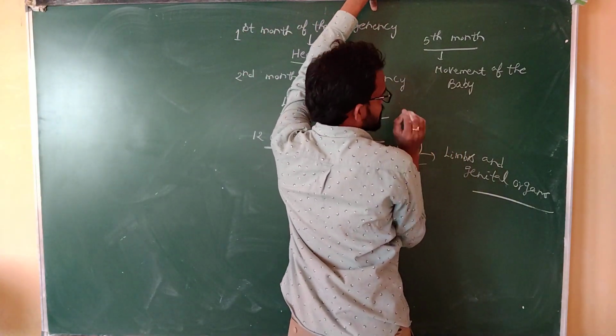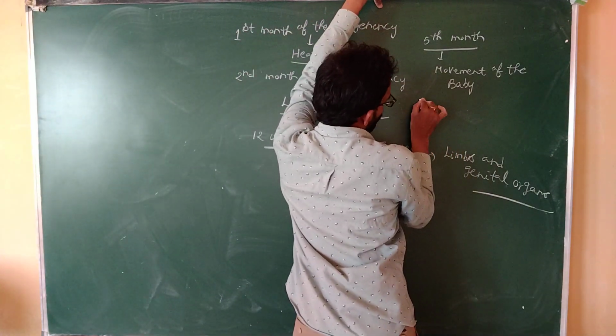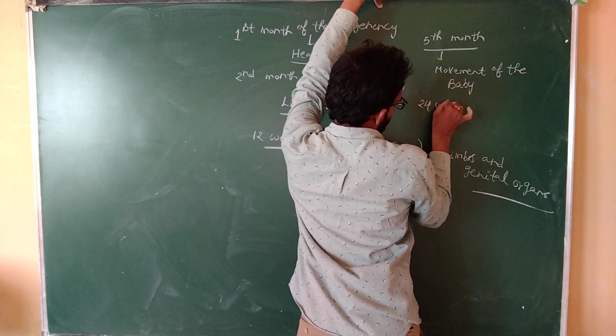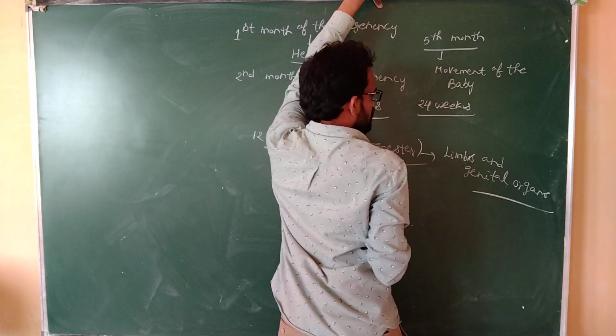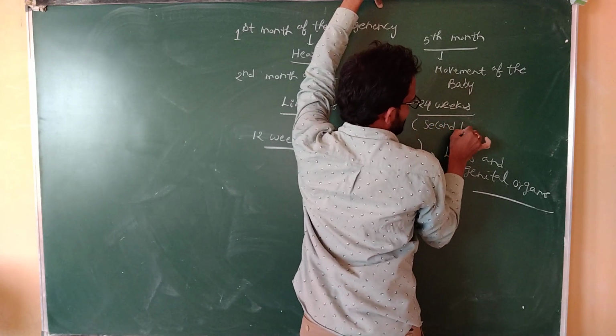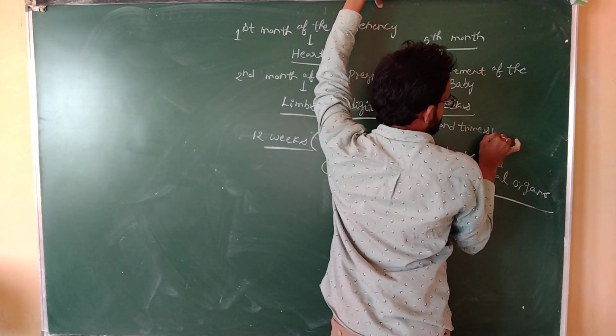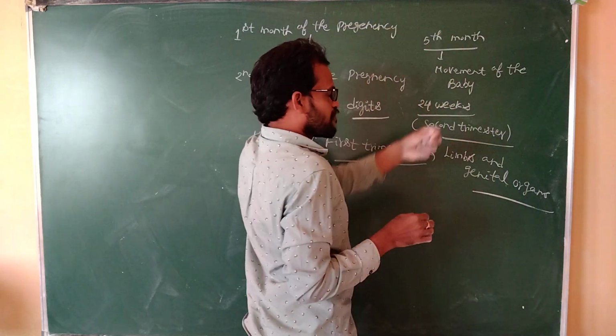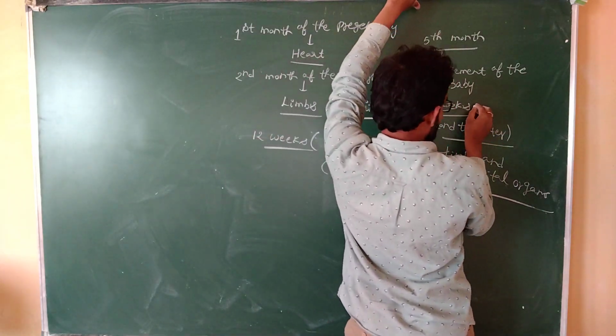The sixth month means 24 weeks, which is the second trimester.